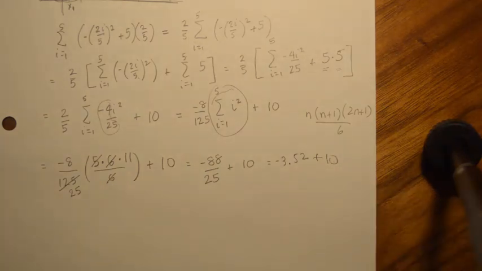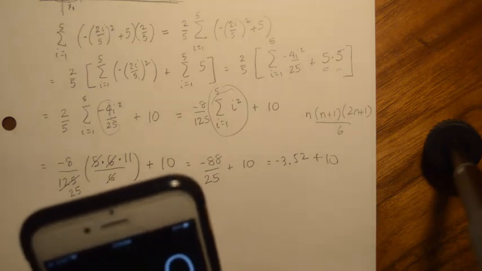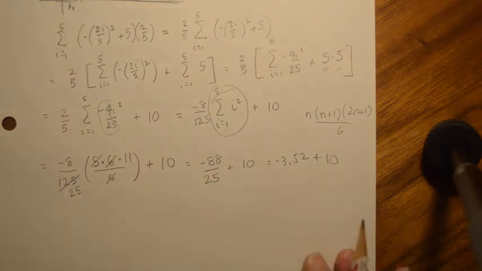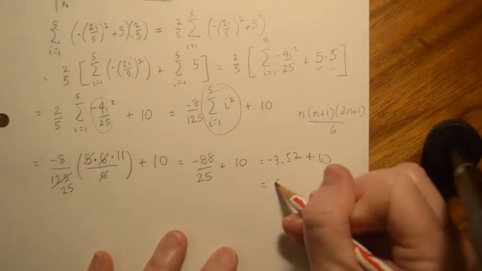When we do that, we end up with 10 minus 3.52. I get the right thing, which is 6.48.